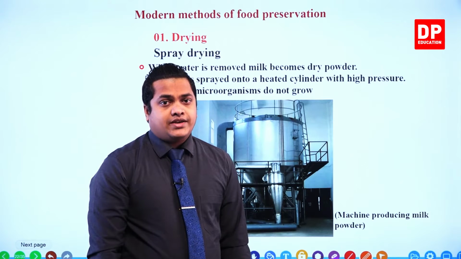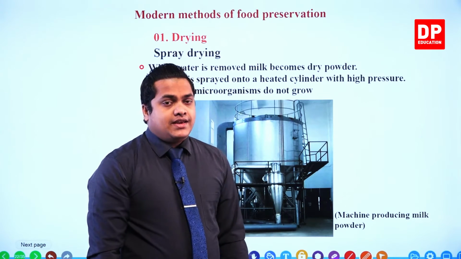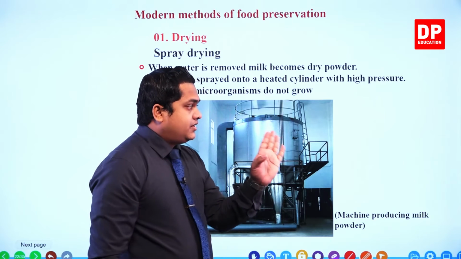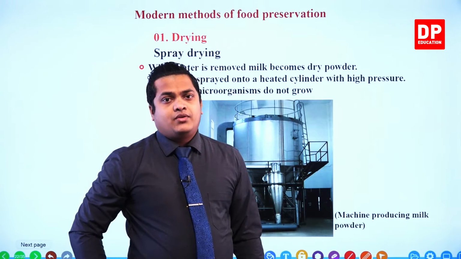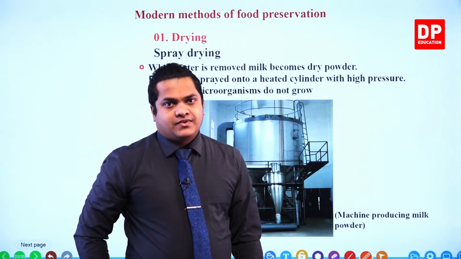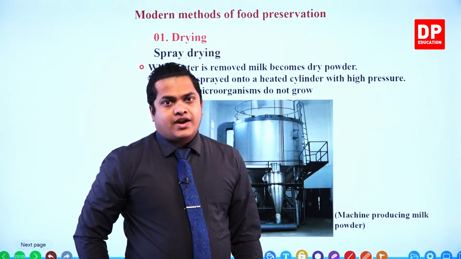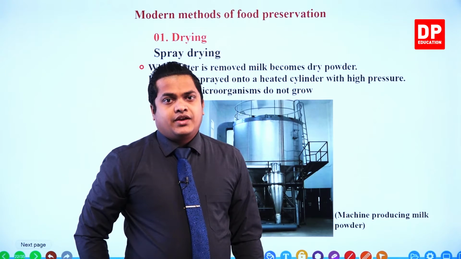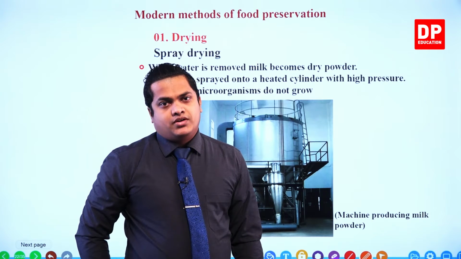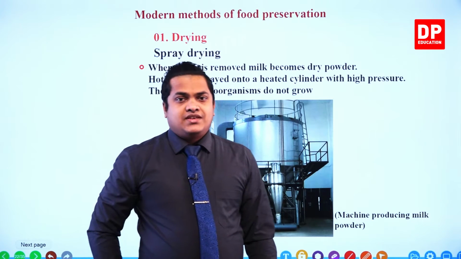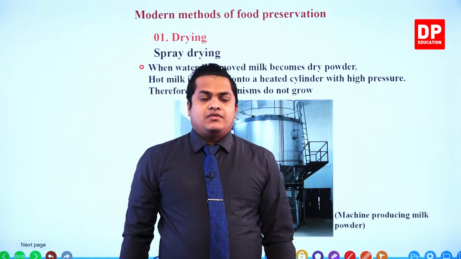Finally, on this wall, the milk is collected and converted into a dried powder. That dried powder is then packaged and sent to supermarkets and markets to sell. So this is how you get milk powder, the simplest method of getting milk powder, right?